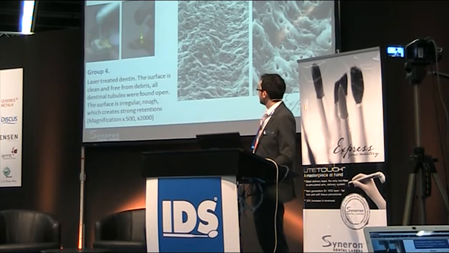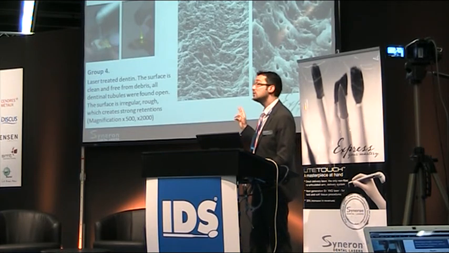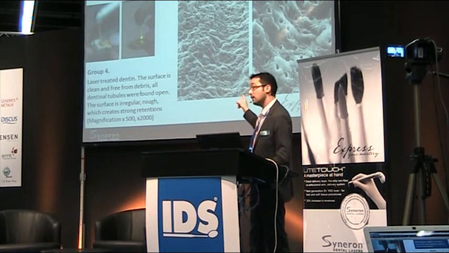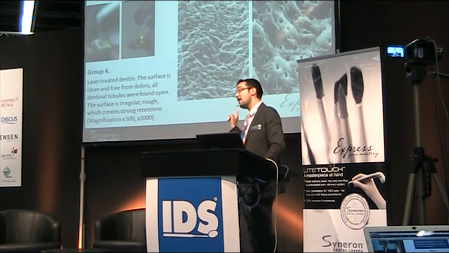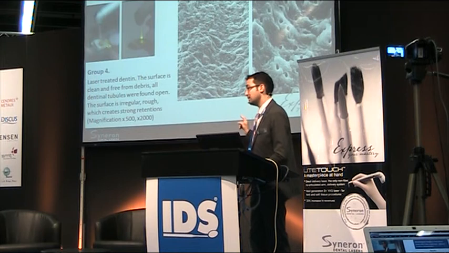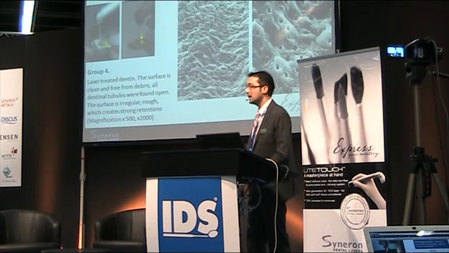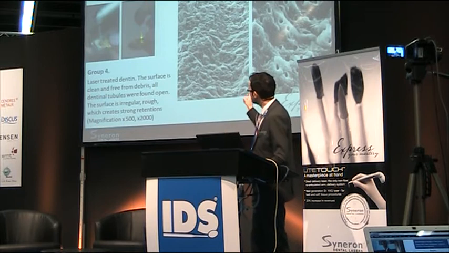And in the last group, when we treat tissue with laser, you can see the surfaces are very retentive. This is good for bonding. And also there are no remnants, because there is no cutting. We have a micro explosion, and this micro explosion leads to this very retentive and very clean surface.